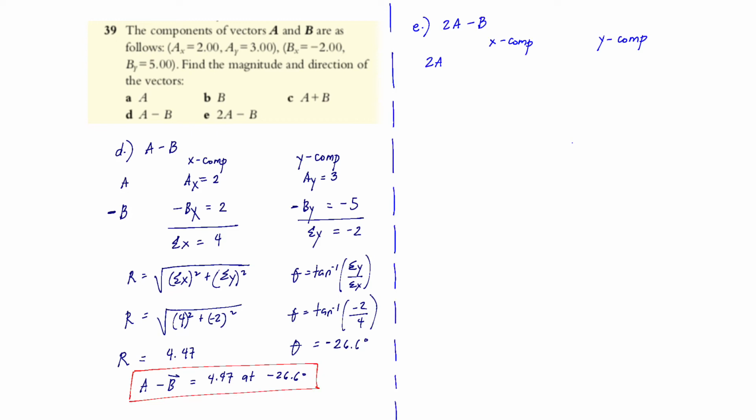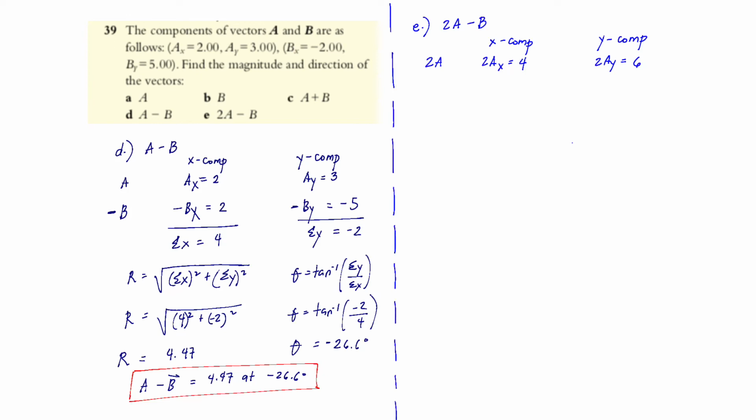For 2a, remember that we're gonna have 2ax, and that would be 4, and then 2ay, that is 3 times 2, and that would be 6.